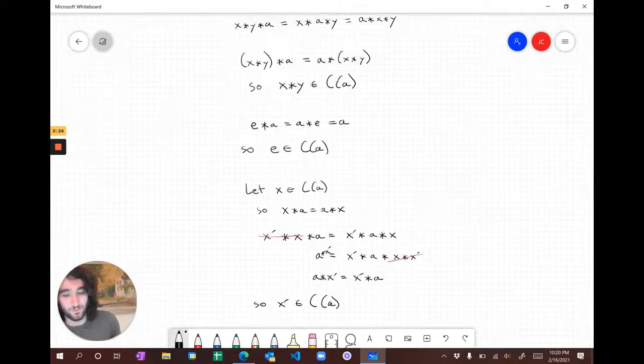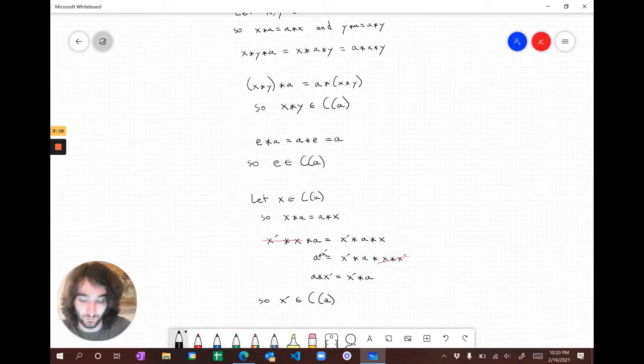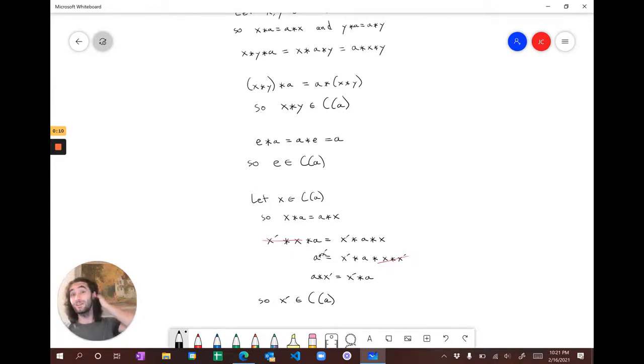So we just proved that it's closed, that the identity is in there, and also it's closed under inverses too. So that is what it means for CA to be a subgroup. So the centralizer of A is not only a subset, it is actually a subgroup.